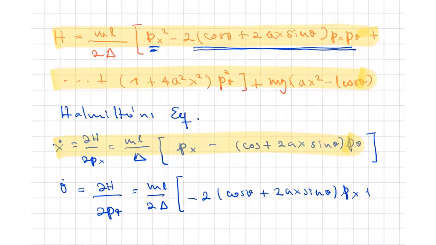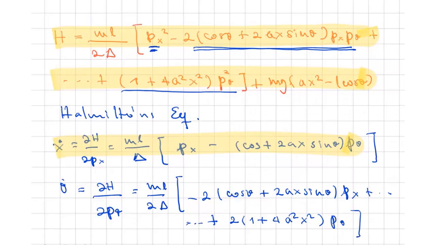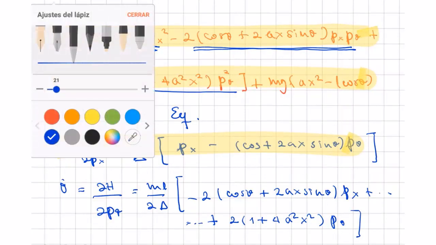All right guys, plus the derivative of this term with respect to p theta is 1 plus 4a squared x squared p theta. Okay guys, and this is the equation for theta dot.